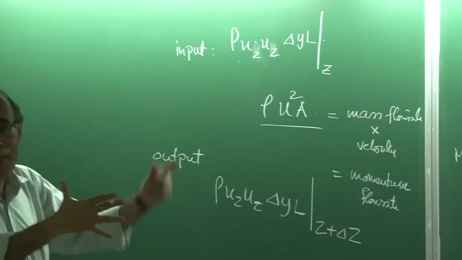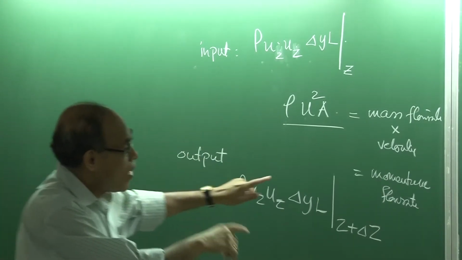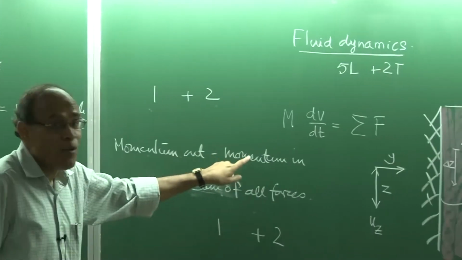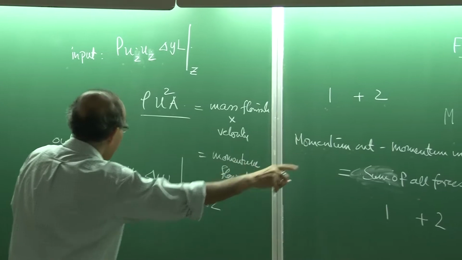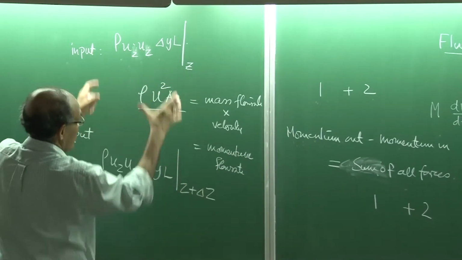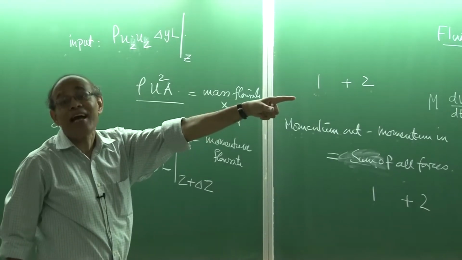So the moment we do the balance, output minus input, or in this particular case momentum out minus momentum in, so we are going to have what? The moment you use linearization, this term is going to be equal to this term plus the additional derivative term that I have written there.